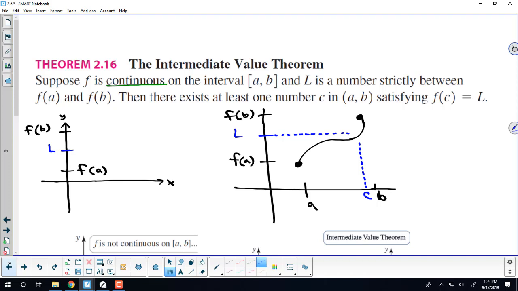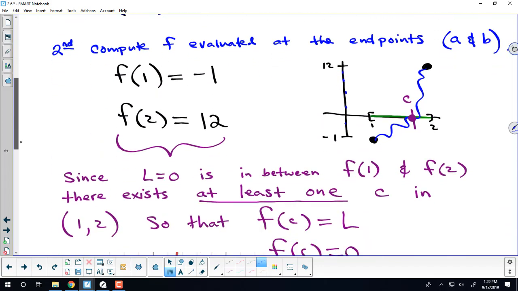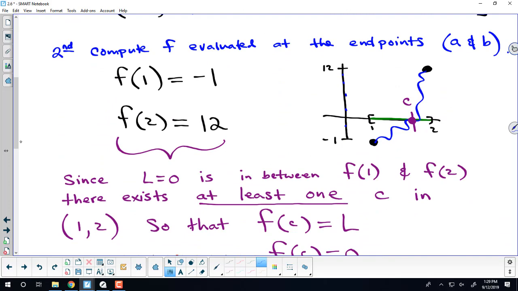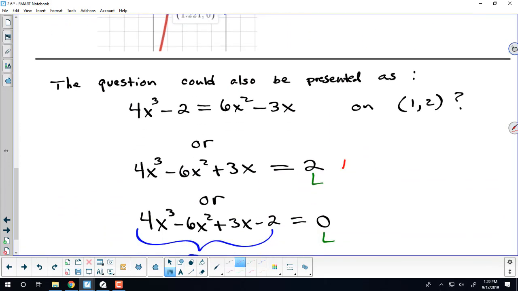So if we evaluated f of 1 and f of 2, where we're using this one instead, then this is a y value. So it doesn't really matter that it's on the endpoint.